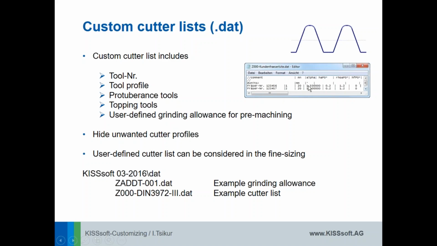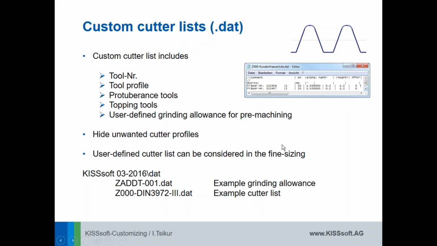Another advantage of working with KISSsoft customizing is that you can also deactivate stuff that you actually don't want to see in the software. For example, if you don't have certain cutter profiles, you might as well just remove them from the list and thus make your work environment more comfortable.